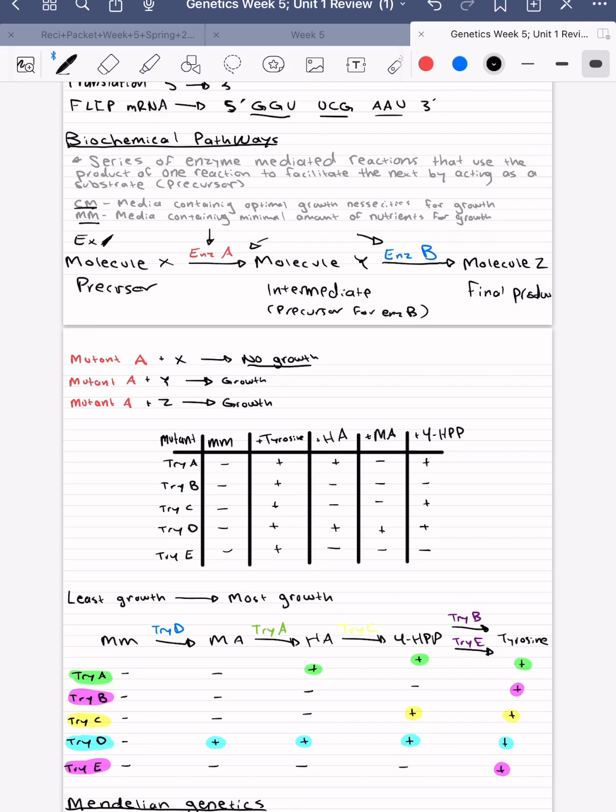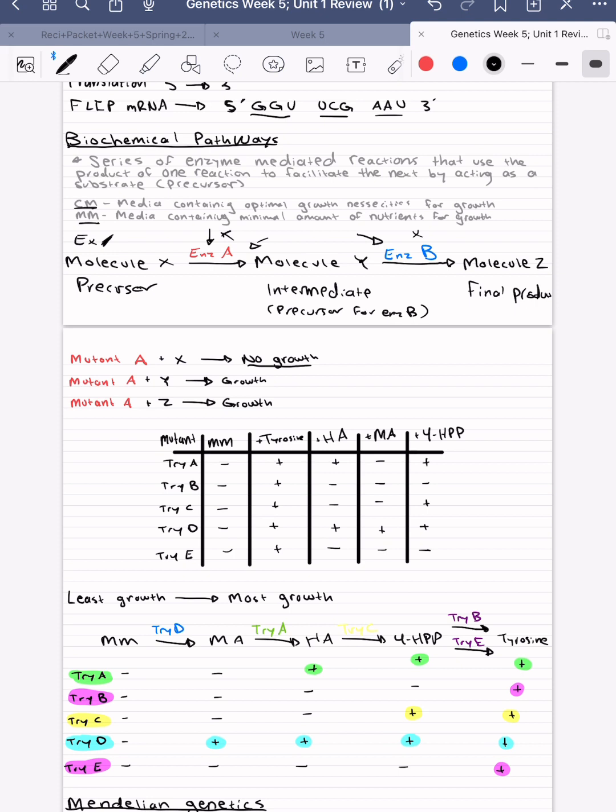Let's say that after this DNA was damaged, it was only able to grow on complete media and not minimal media. That would mean that within this pathway, you had a mutation at any of the enzymes, perhaps one or perhaps two, and that does not allow for the conversion of one of the molecules to the other, which would then not allow it to get to the final product, which allows it for growth.